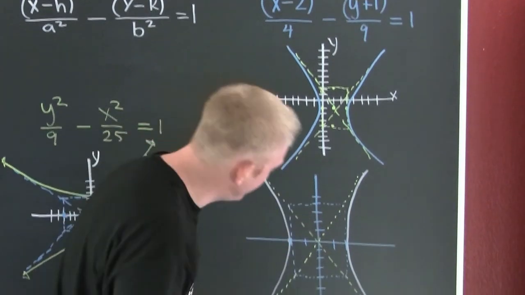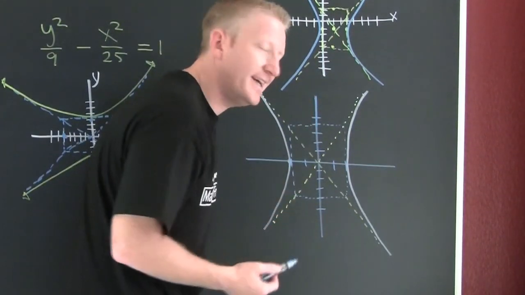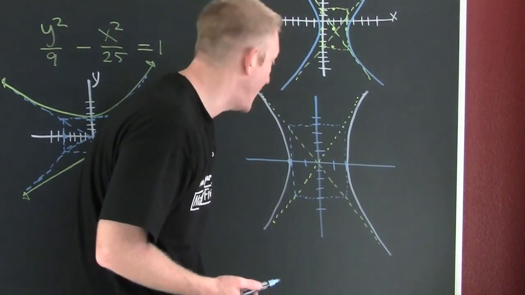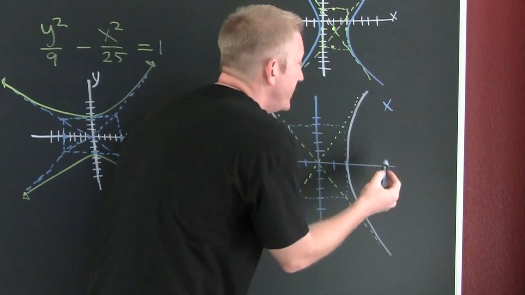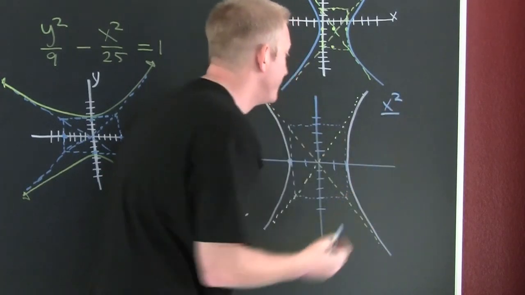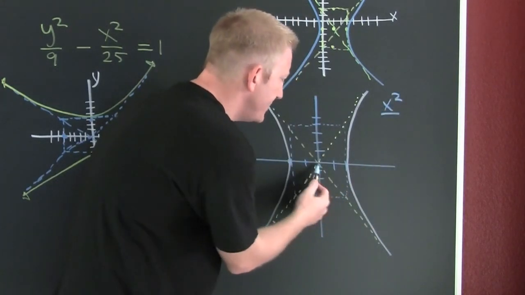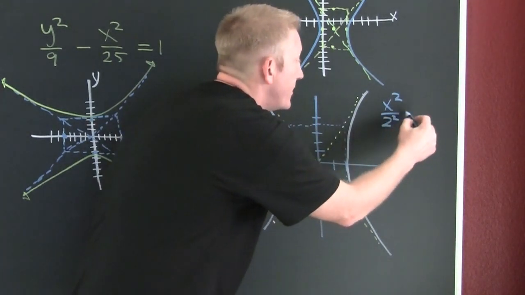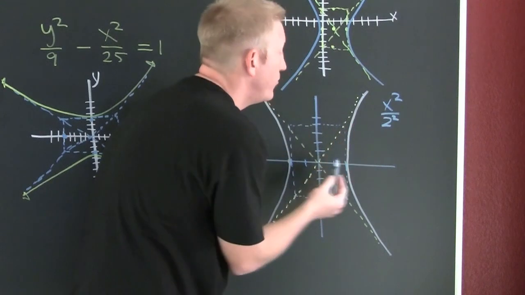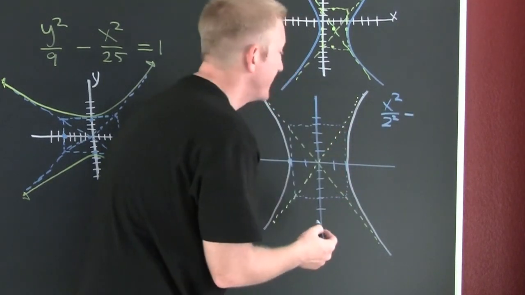Okay. Down here, we want to put it in standard form. I see, I'm not shifty. So then, I'm going to have x squared over... How far does it deviate from the center of that box? 2. So this is going to be 2 squared. It opens away from y, so that gets the minus sign.